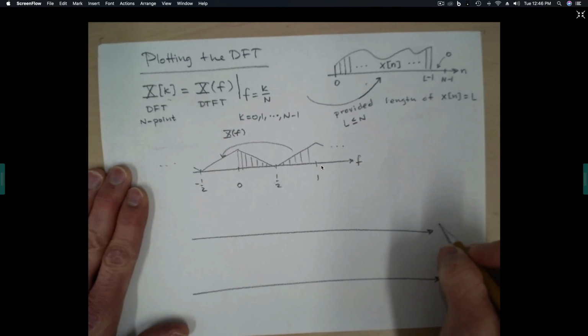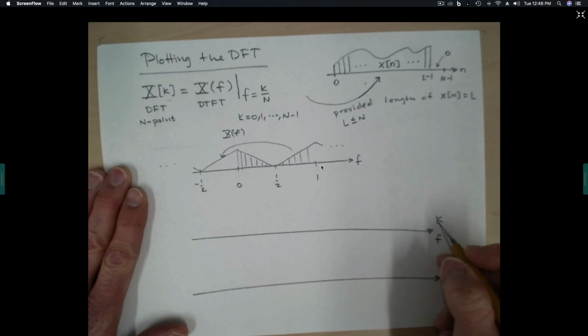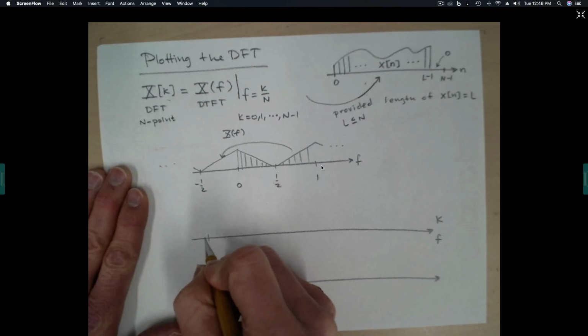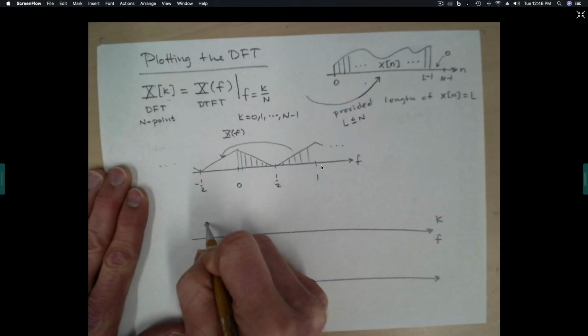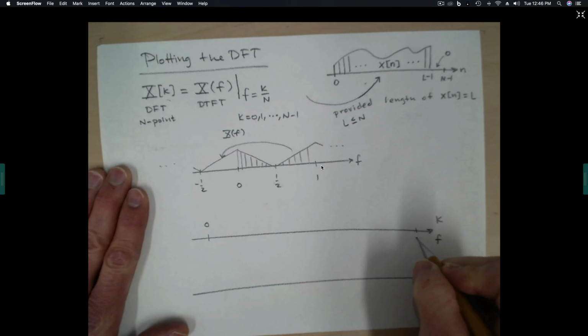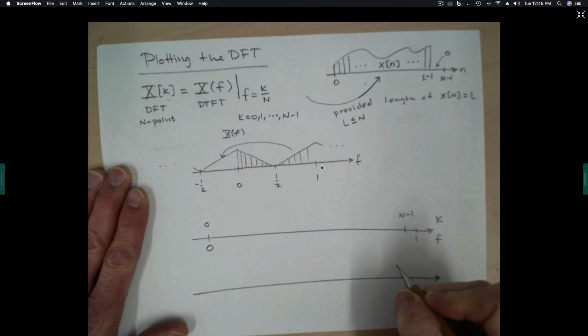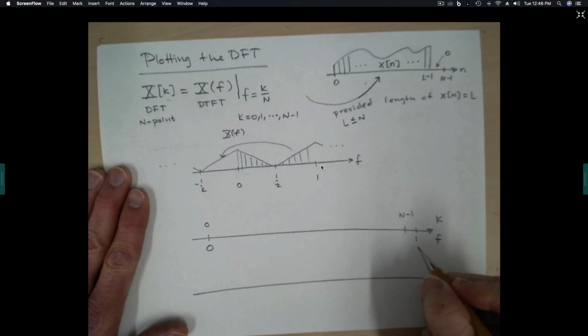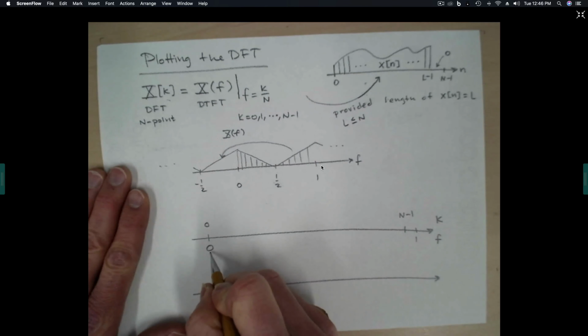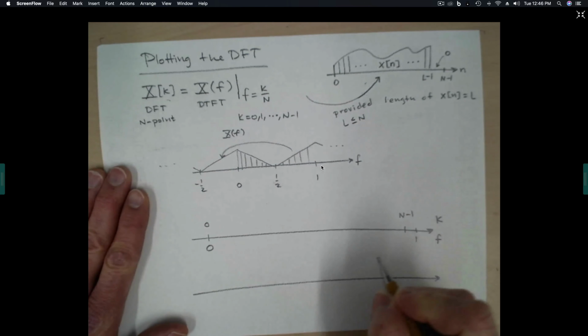On the top one, I'm going to have our frequency bin index, which is k. And remember, that goes between 0 and N minus 1. And on the bottom, we have frequencies that go from 0 to 1.